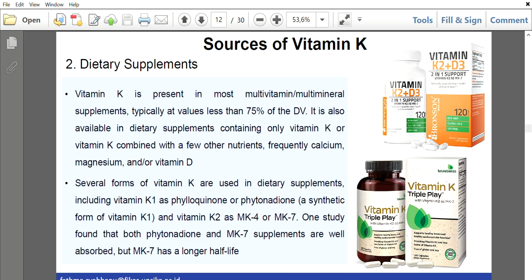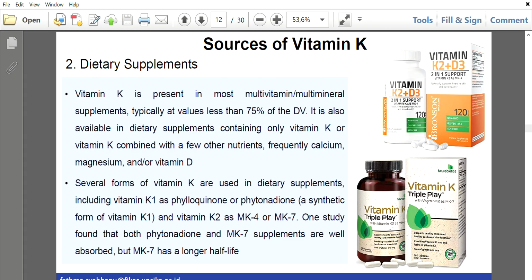Several forms of vitamin K are used in dietary supplements, including vitamin K1 as phylloquinone or phytonadione, and phytonadione is a synthetic form of vitamin K1, and vitamin K2 as MK4 or MK7. Few data are available on the relative bioavailability of the various forms of vitamin K supplements.